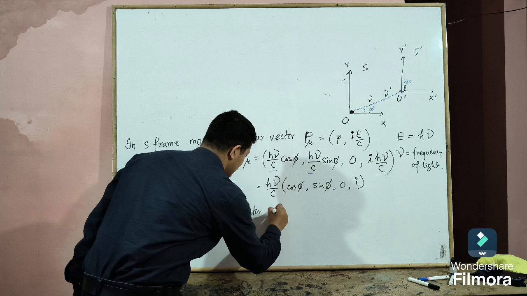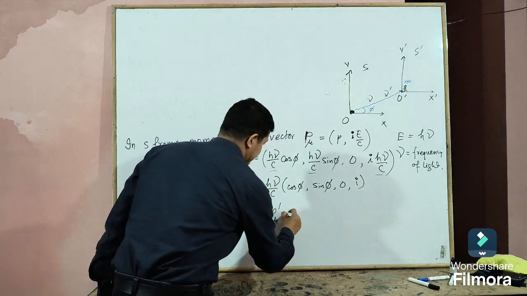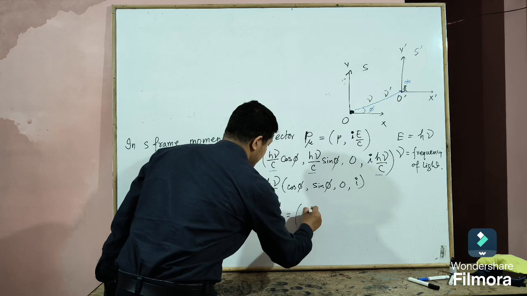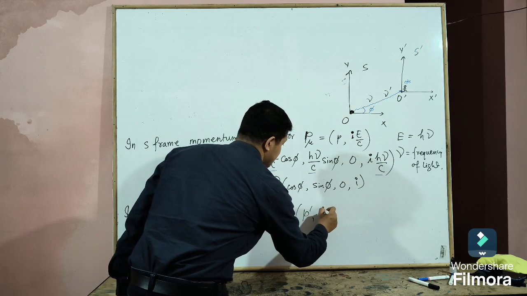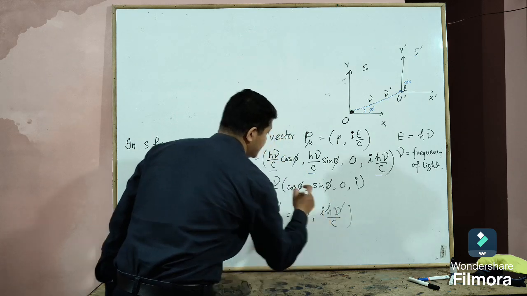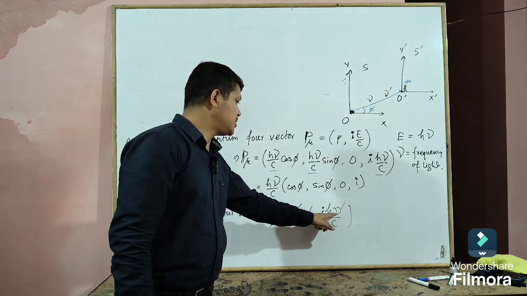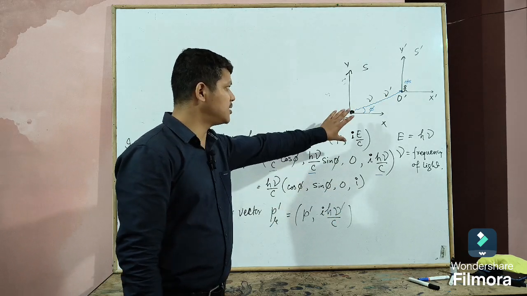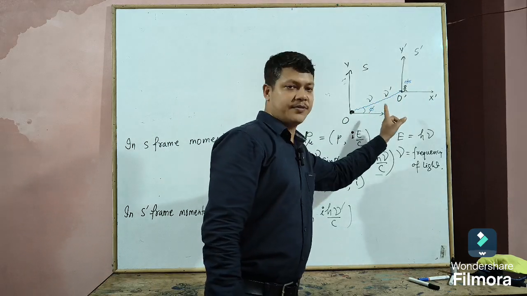So that's gonna be that. Let me represent it by p nu dash. That's gonna be p dash, comma, and the time component is i nu dash by c. Here let me write nu dash by c. This is the frequency of light which changed due to the relative motion of the frame.